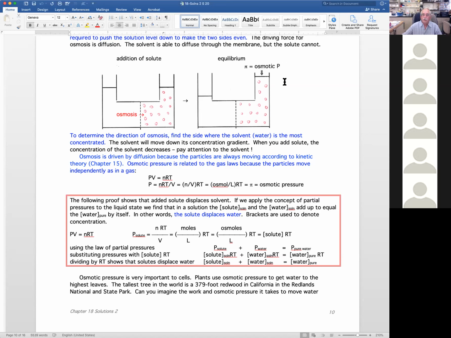And osmotic pressure is considered the pressure I would have to push down right here to make these two levels equal again. That's what osmotic pressure is. So to determine the direction of osmosis, you find the side where the solvent is the most concentrated.